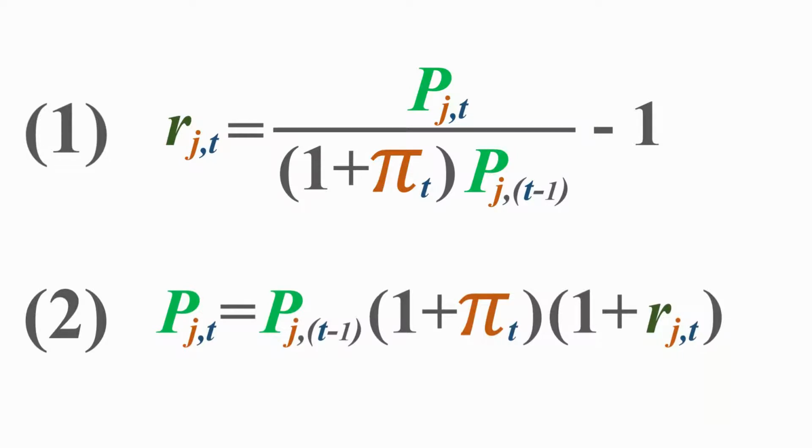This should give us the product of 1 plus the rate of the real price change of J at time t times 1 plus the inflation rate times the price for item J at a previous time. If we flip the equation so that our isolated variable, the price of J at time t, is on the left, we will get the adjusted equation, which is displayed as equation number 2.